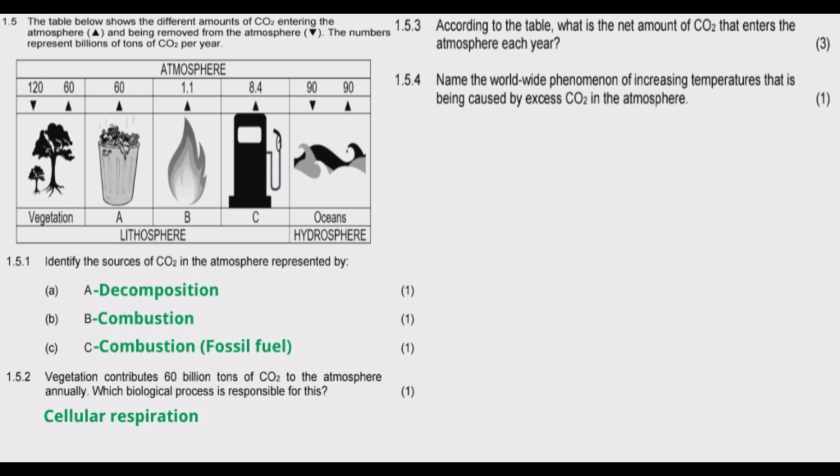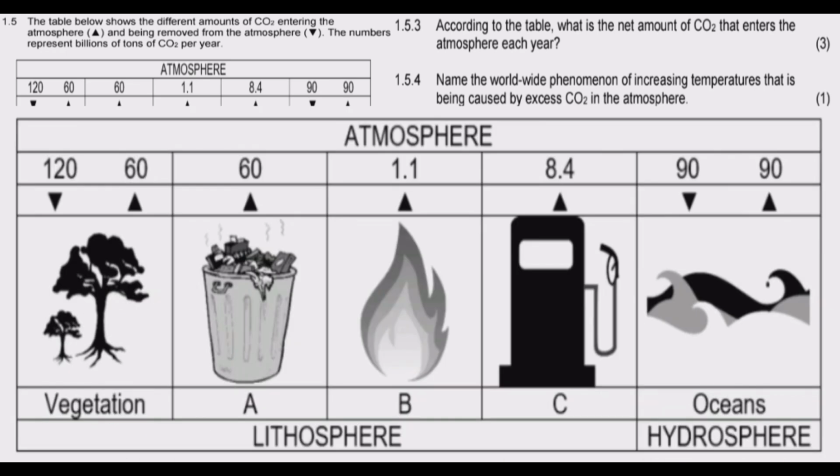It's like when you put in all the incomes and then remove the deductions, what remains is the net. So let's first take what is added into the atmosphere. As you can see, there is a lot of addition into the atmosphere, so let's start with addition.